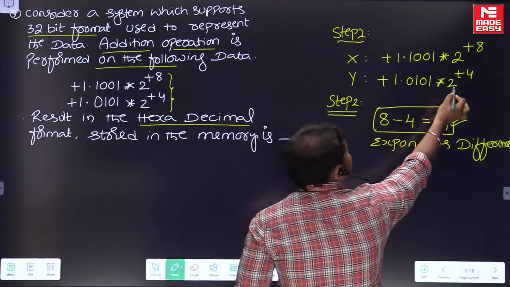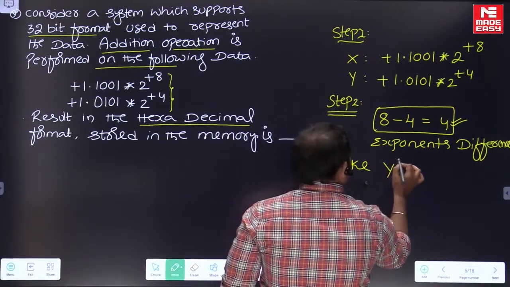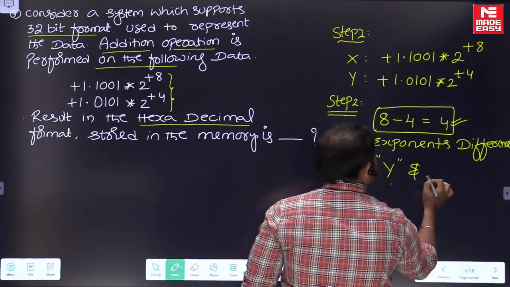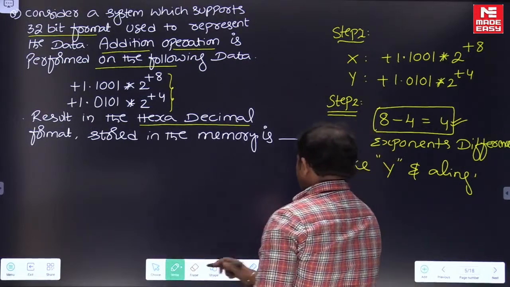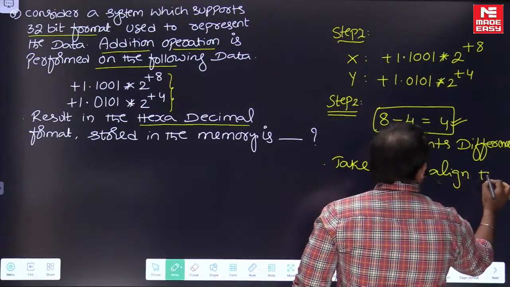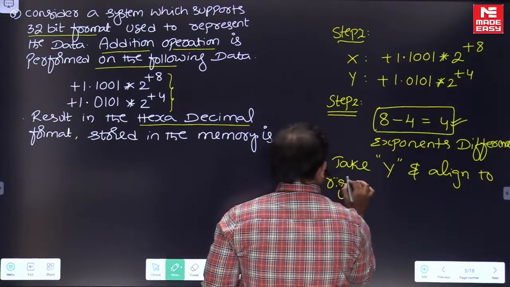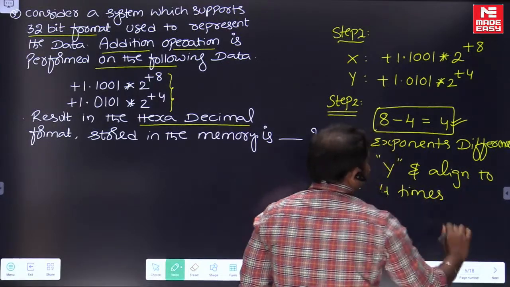Smaller exponent Mantissa is y. So take y and align to right direction 4 times to equalize the exponents.